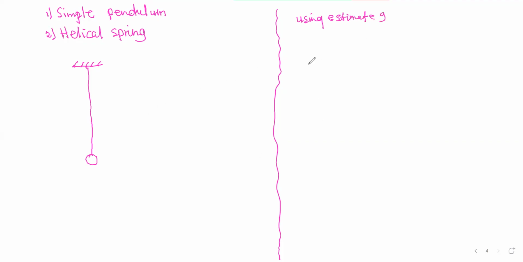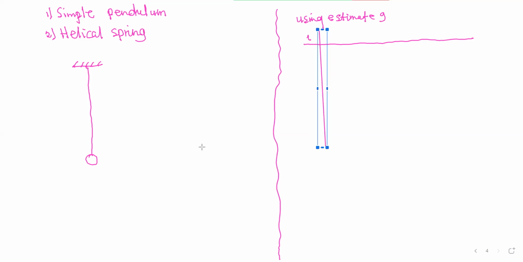So in the lab, you'll be given different lengths, and then be told to oscillate it to get the time for a certain number of oscillations.